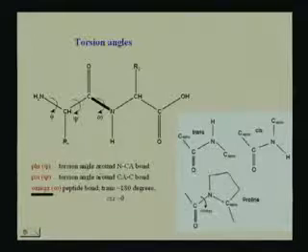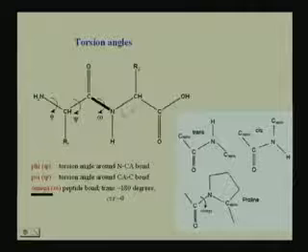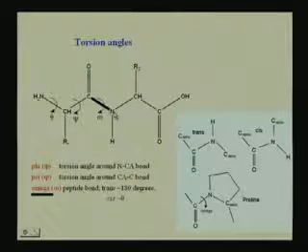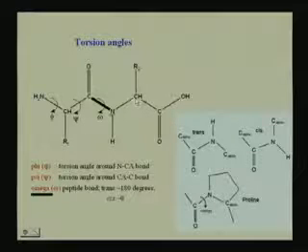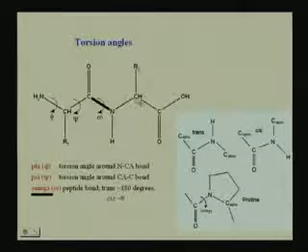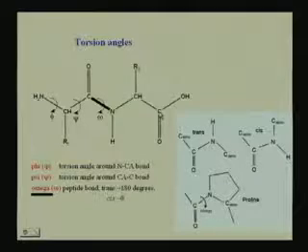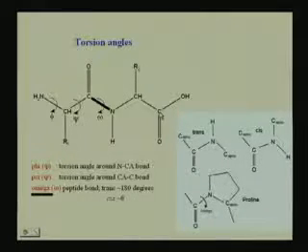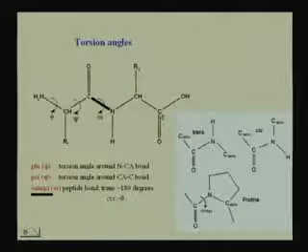Okay, let's do it again. If I want to define rotation about the N C alpha, you recognize that this is a C alpha. If I want to define the rotation about this N C alpha, I have to go one atom before it and one atom after it. It's just like doing H, O, O, H. Right?